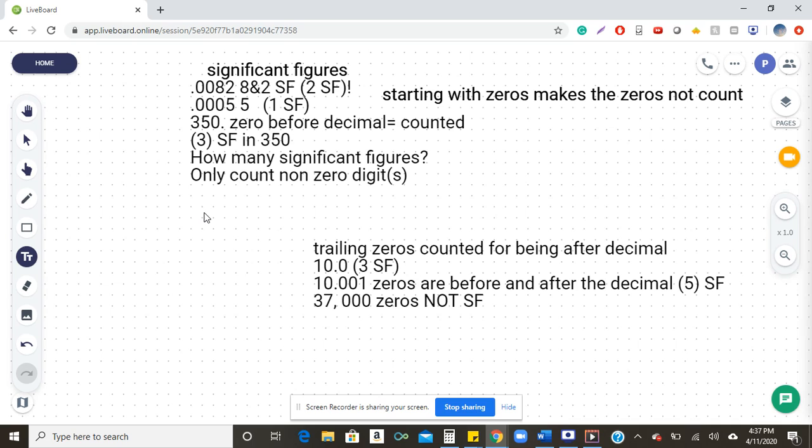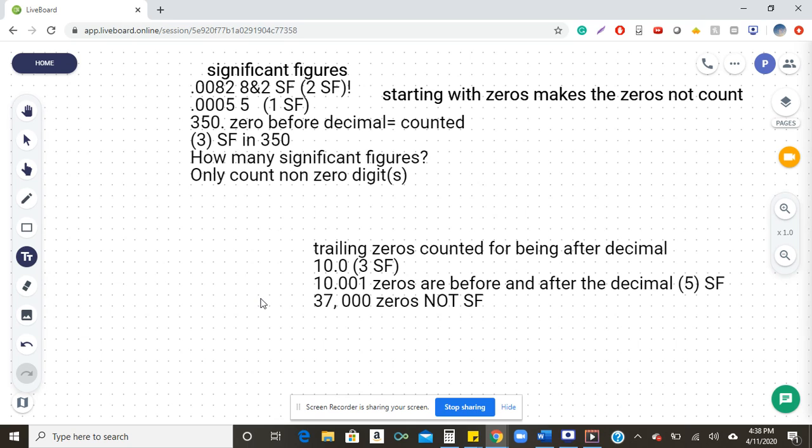A number like 350 would have 3 significant figures. So we are only counting non-zero digits again, and we're not counting the zeros that come after the decimal, beginning the number. Okay.